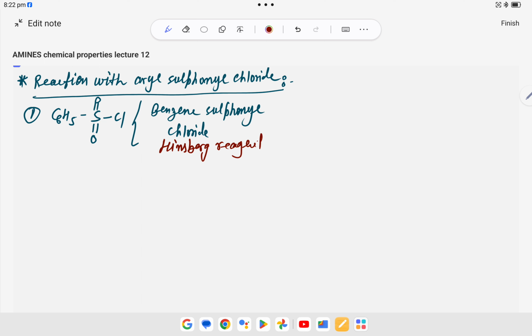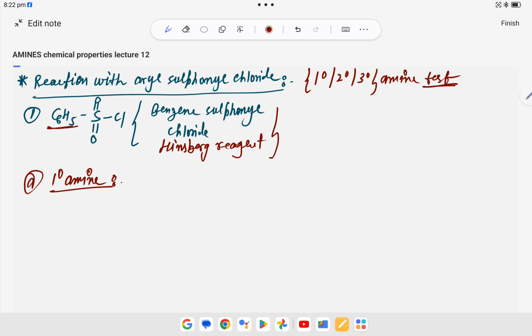This is your aryl sulphonyl chloride. This reaction is also used for the test of 1 degree, 2 degree, 3 degree amine. So one by one we will discuss.